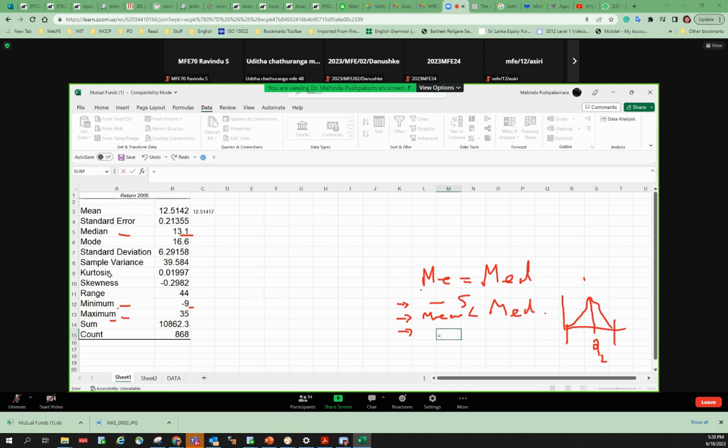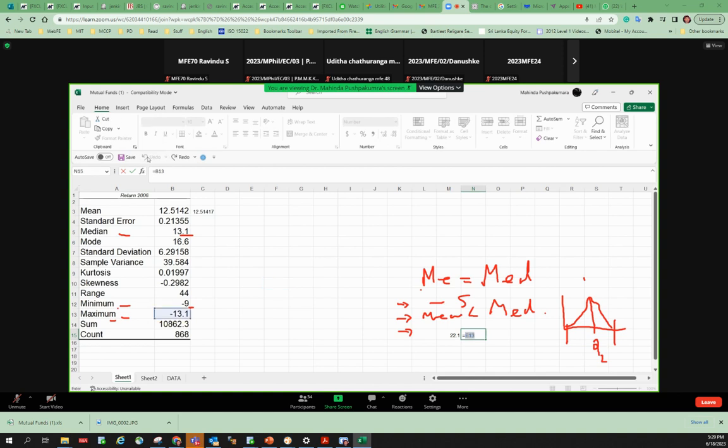That means median minus minimum, value is 22. Maximum minus median is 21.9.